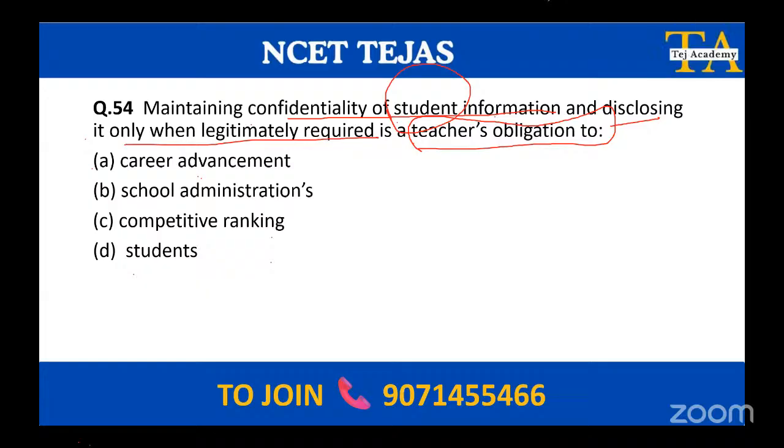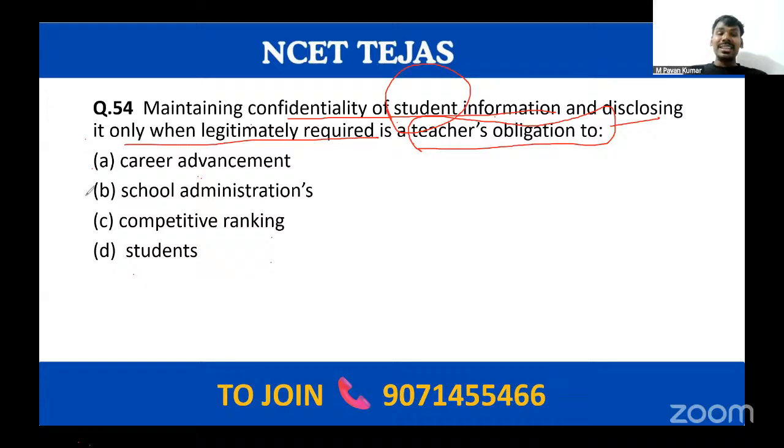So the correct answer here is actually option D, students, because this information belongs to students. Remember, it's students' sensitive information. Teachers do have an obligation to school administration. I completely agree.